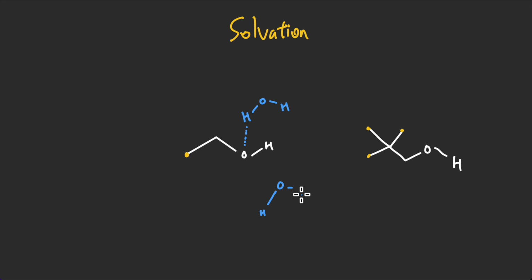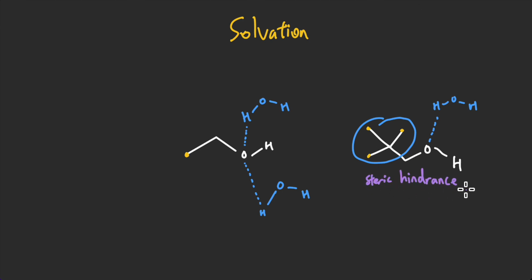Something like this. They will form the hydrogen bond, and the same happens in this case, but the only difference is that this alkyl group is creating steric hindrance that will hinder the hydrogen bond from being formed. It will decrease the potential for the hydrogen from the water molecules to attach to the oxygen atom.